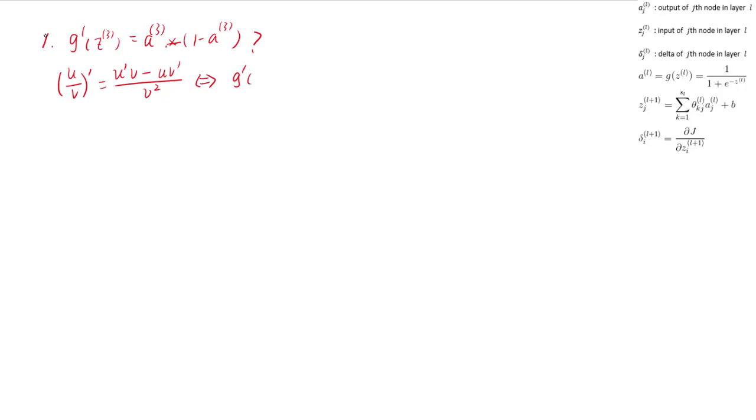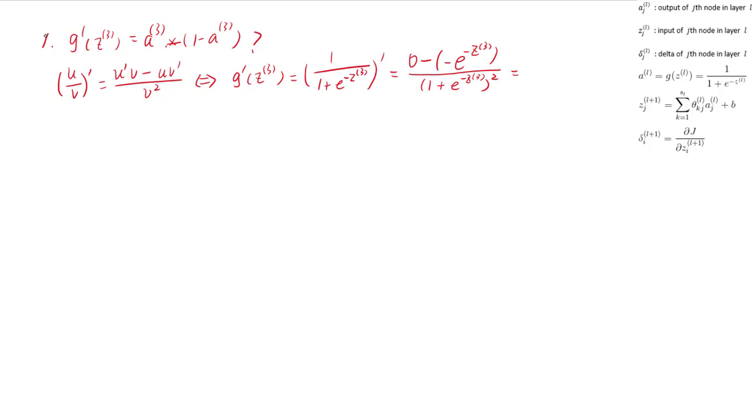If you want to calculate the derivative with respect to z3, we can write it as (1 over 1 plus e negative z3) prime, which is equal to the derivative of 1, which is 0, minus the derivative of 1 plus e negative z3, which is negative e negative z3, and then the square of v, which is 1 plus e of negative z3 squared.